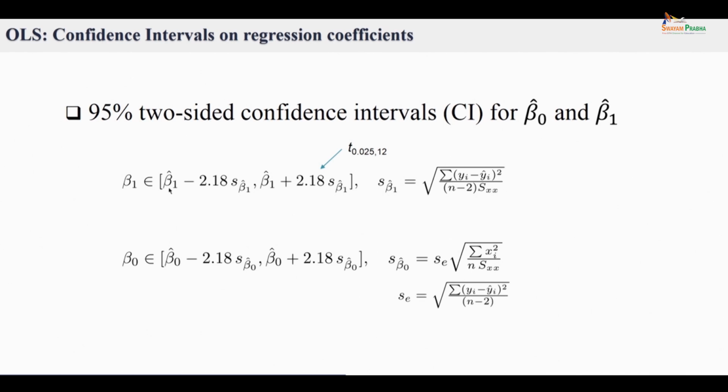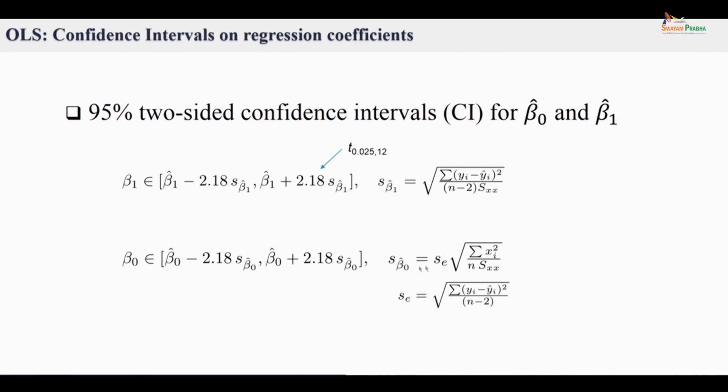Okay. Beta 1 hat can be estimated from data, S beta 1 hat can be estimated from data, so you can construct this confidence interval. Similarly, you can construct the 95% confidence interval for beta naught from its variance. So, we are doing the same thing, beta naught hat plus or minus 2.18 times the standard deviation of beta naught hat estimated from data, which is what we call S beta naught hat.